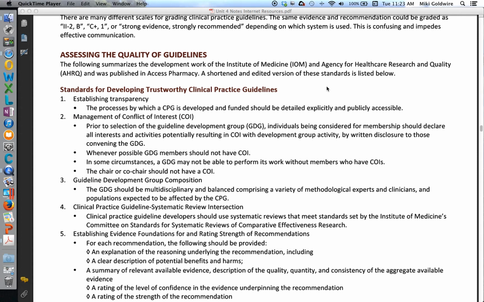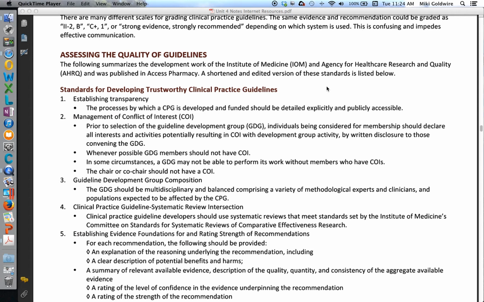The guidelines need to manage conflict of interest. Prior to selection of the guideline development group, individuals being considered for membership should declare all interests and activities potentially resulting from conflict of interest with development group activity by written disclosure to those convening the guideline group.